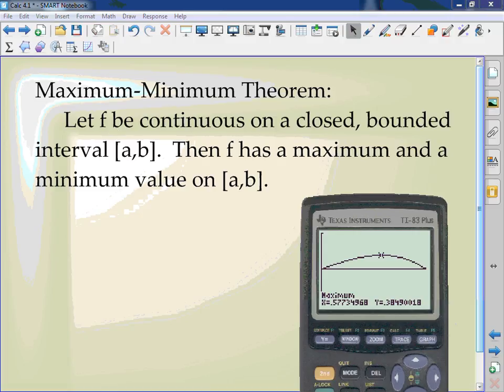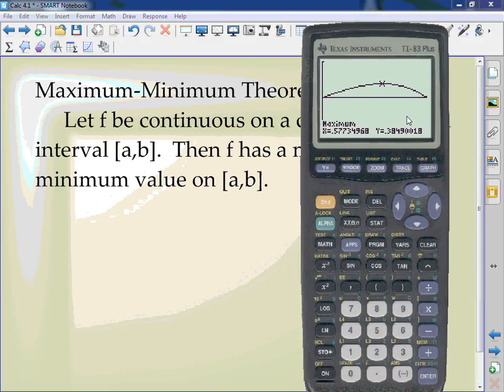Looking at the graph, you only see this maximum, but there is actually a minimum there too. What's the minimum? If that's the max, the lowest it ever goes is at here and here.